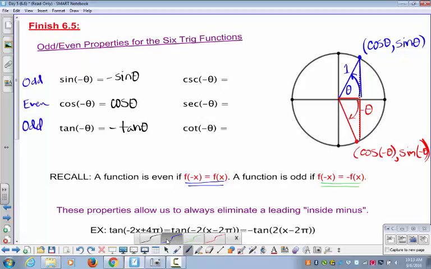And if you look at that graph for tangent that we saw last time, the graph of the first period of tangent looks like that, except there are asymptotes, and the y-axis is right down the middle. That's what you think about with an odd function: go up and down the same distance for x and minus x.